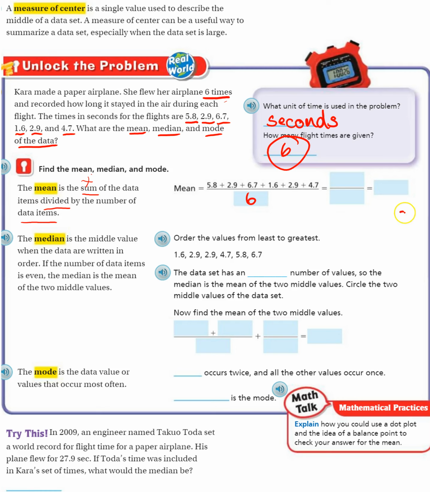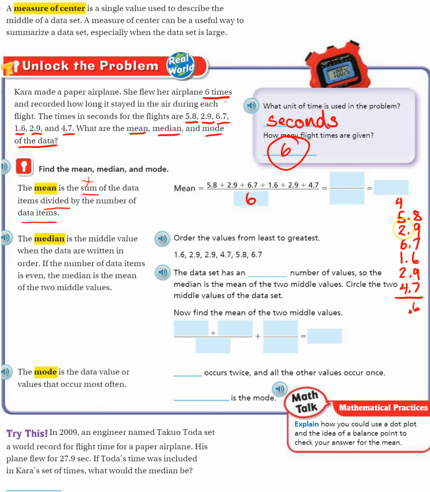So we have 5.8 plus 2.9 plus 6.7 plus 1.6 plus 2.9 plus 4.7. Add those all up. 8 plus 9 is 17, plus 7 is 24, plus 6 is 30, 39, and then 46. And notice all my decimals are lined up, so I can put my decimal down at the bottom as well.